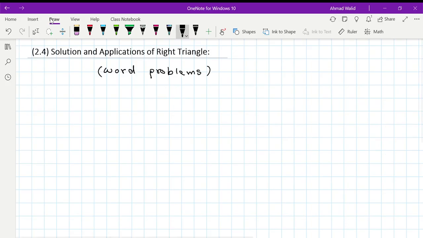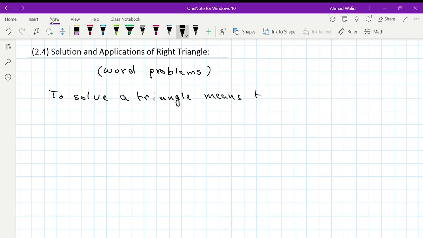A few things that you have to remember. First, to solve a triangle means, when they tell you to solve the triangle, what does it mean?